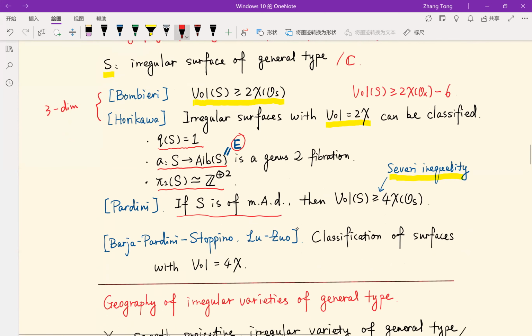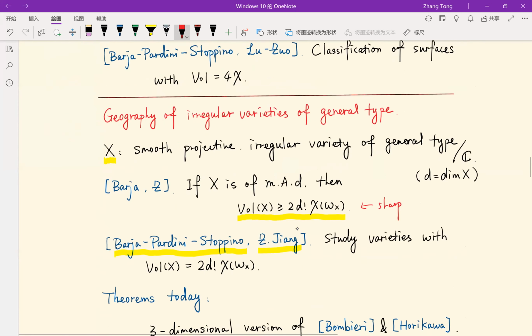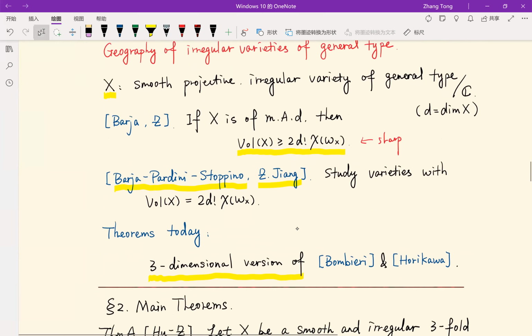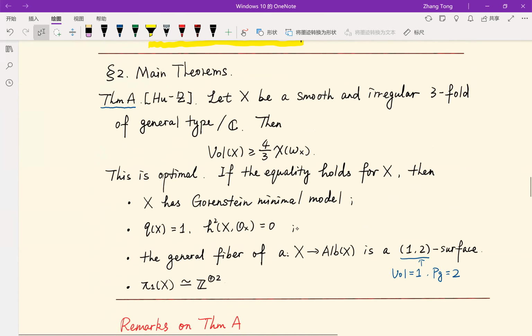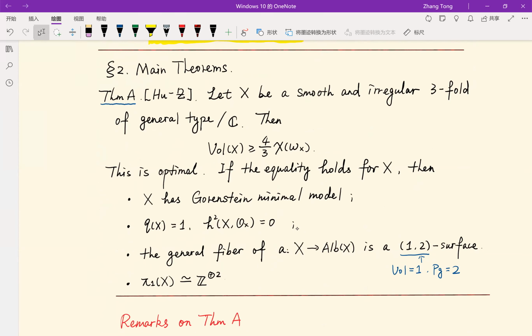Okay, so now I can introduce my result. There are 2 results. The first one is about the inequality, and the second result is about the extremal case. This is the first theorem I want to mention. This is a joint work with Yong Hu, and we suppose that X is a smooth irregular threefold of general type defined over the complex numbers.